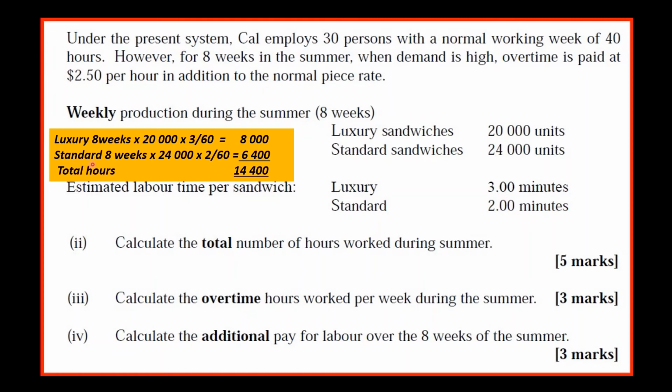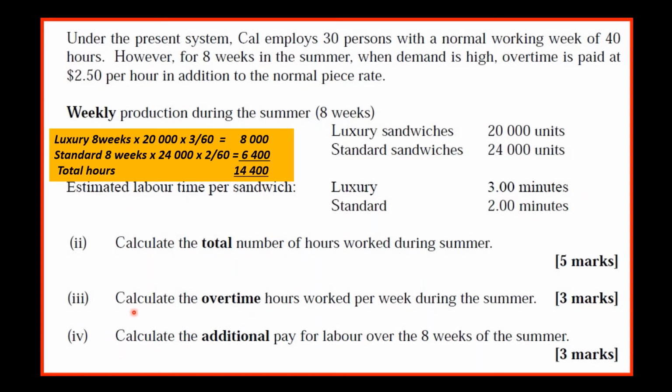Standard sandwiches 8 weeks by 24,000 will give us a number of sandwiches, and then we multiply it by 2, and we'll get the amount of time it takes to make that number of sandwiches. Divided by 60 will bring it to hours. 6,400. There are total hours of 14,400 hours to make these sandwiches here.